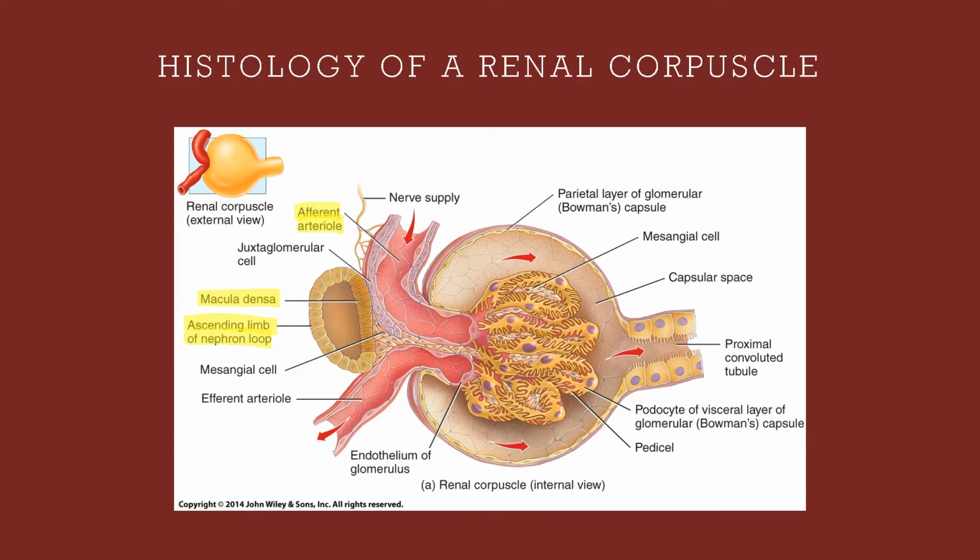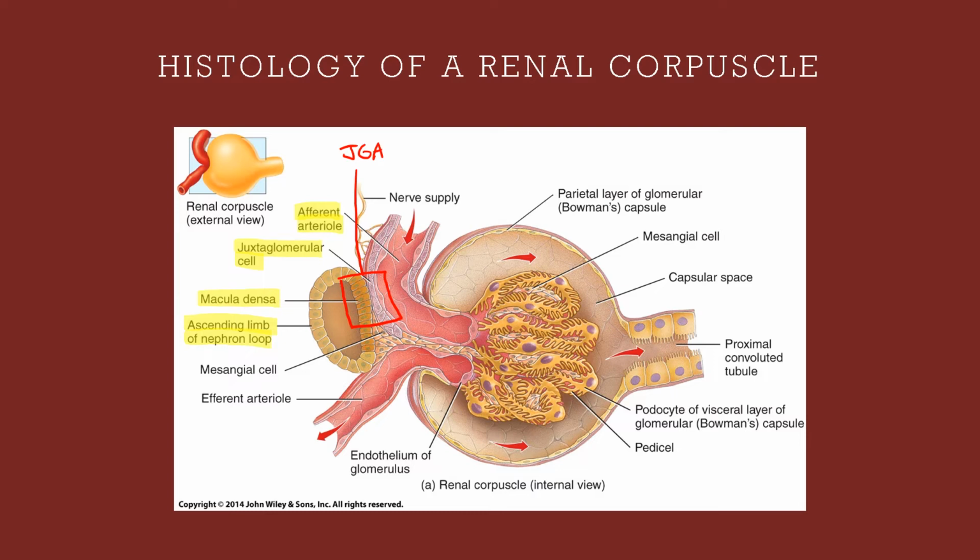And then we can also see the wall of the afferent arteriole with these modified smooth muscle fiber cells called the juxtaglomerular cells here. So we have this region right here being the juxtaglomerular apparatus. So remember, this is going to be a really important region in helping to regulate blood pressure within the kidneys.